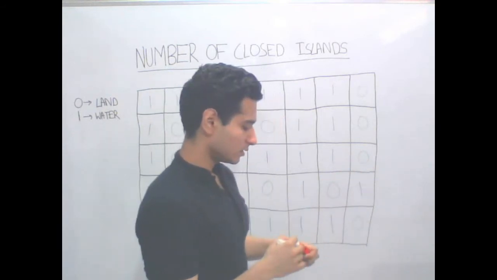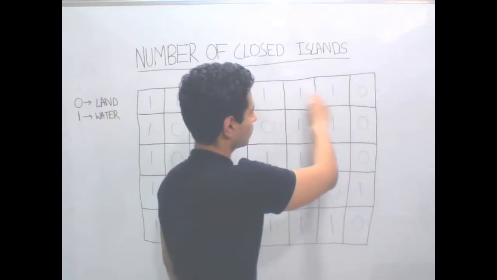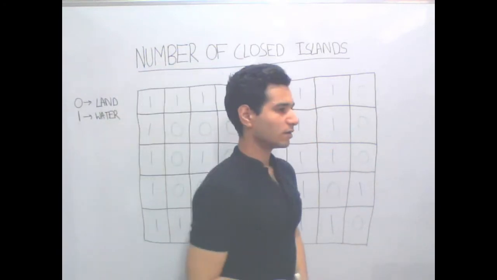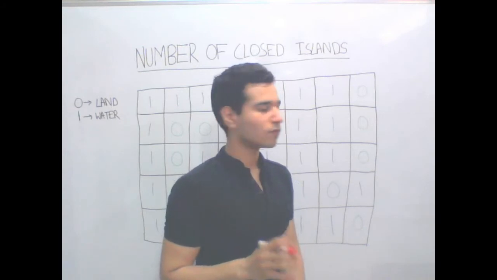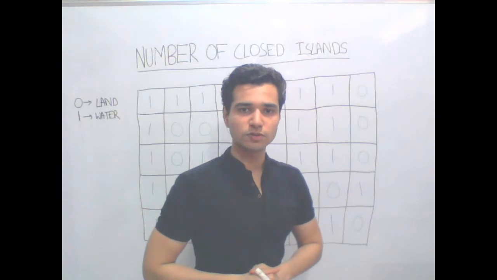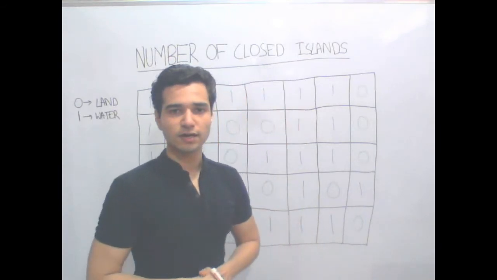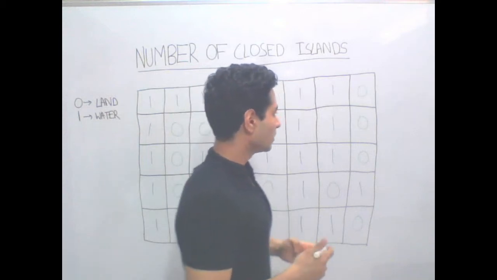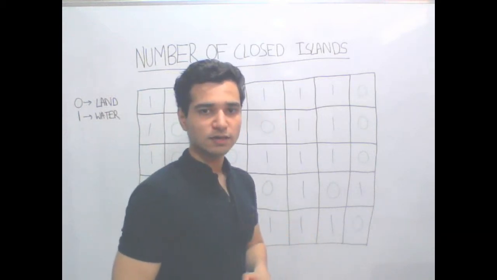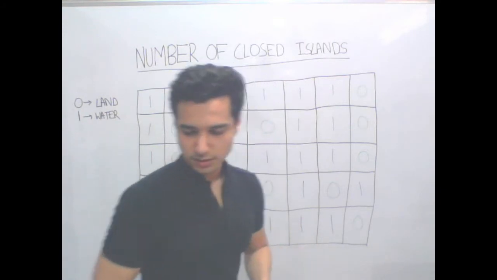So we can start a DFS from all the edge nodes and branch out and see what all nodes it is attached to, what island it is part of. We can use a visited array to track those islands.